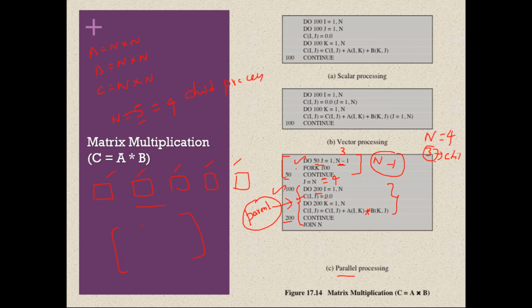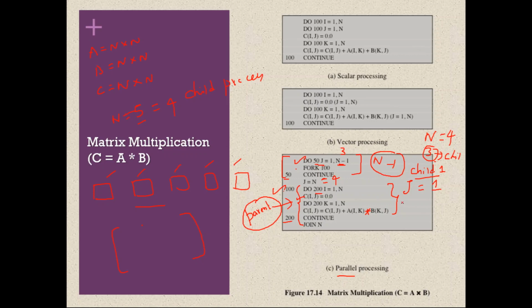Now let us see what the first child is going to do. When the first child comes here, its j value will be 1. Child 1 means j is 1. What is it going to do? Do 200 I is equal to 1 to n. This I loop is going to repeat n times.